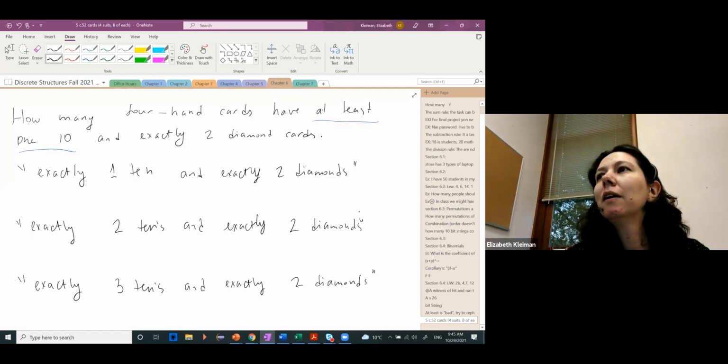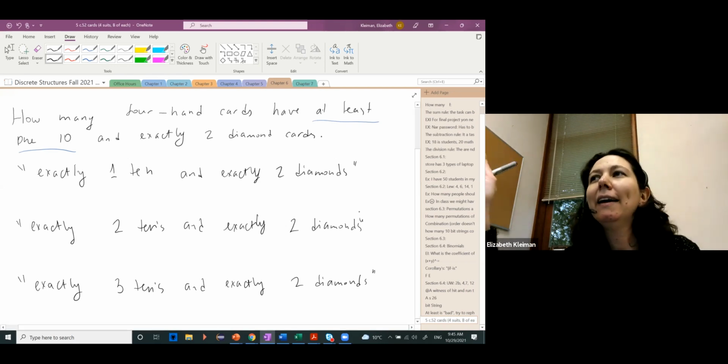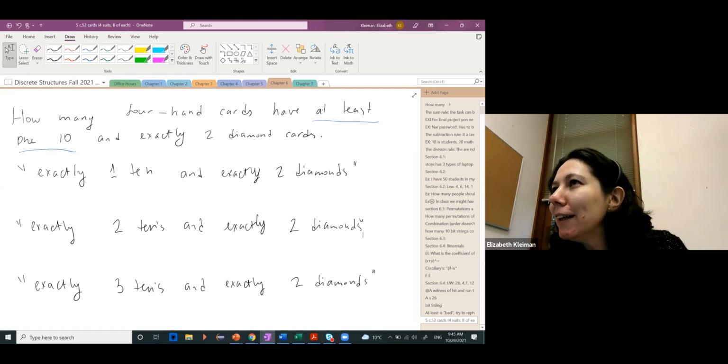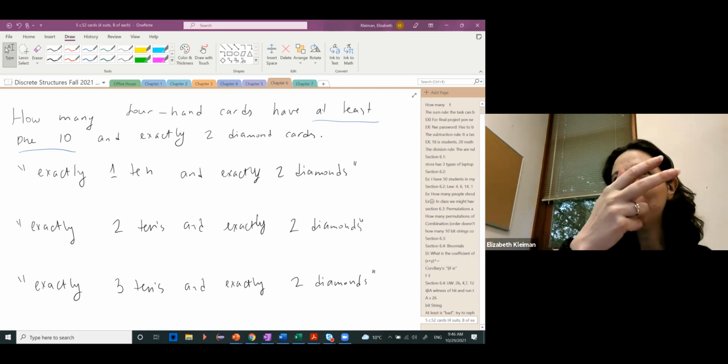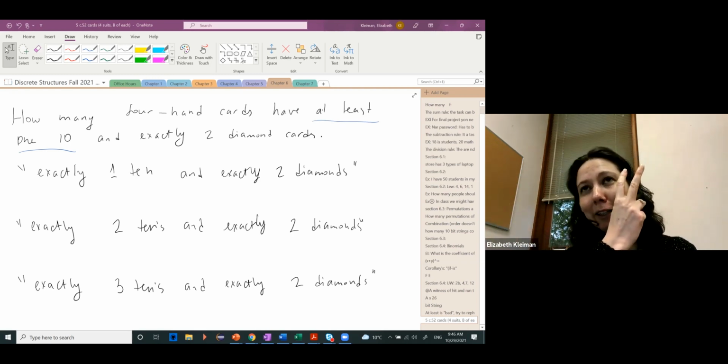Yes, Justin is saying, could you take away 1 diamond and use 10 of diamonds? So if you have a queen of diamonds and 10 of diamonds, those are 2 diamonds, correct?